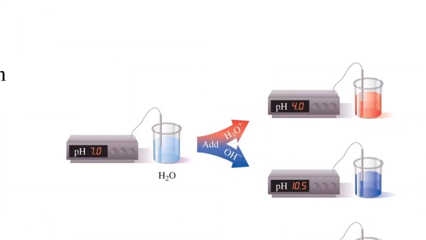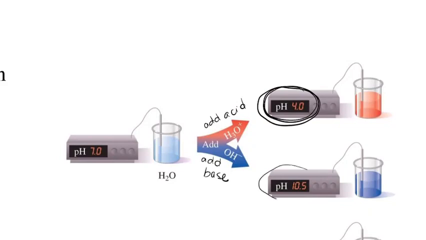So if you add acid to a solution of water, what's going to happen is that the pH of the solution is going to drop drastically. Again, if you start with a solution of just water, but instead of adding acid, you add base, the pH of the solution will also change drastically, as you can see, to a basic pH.